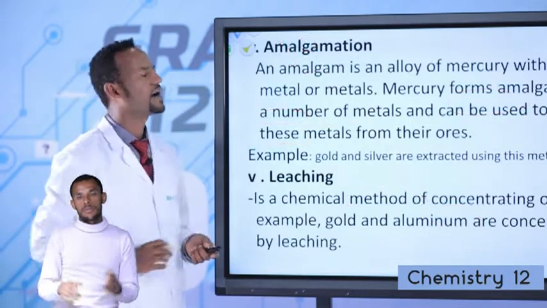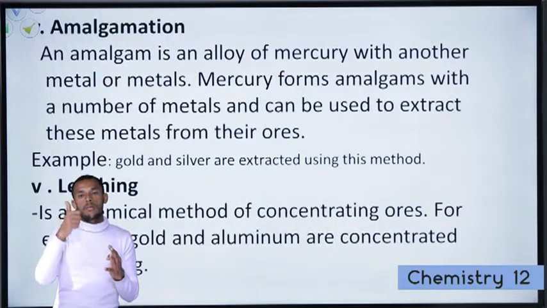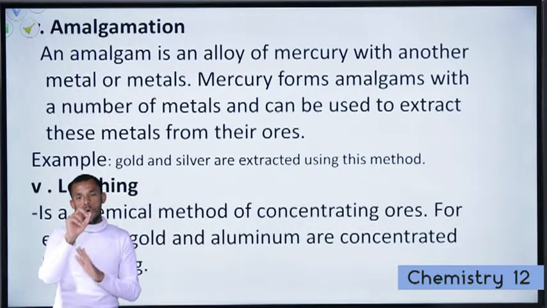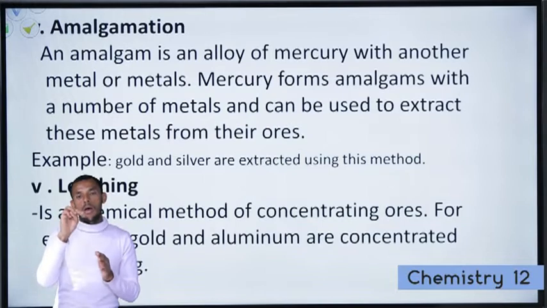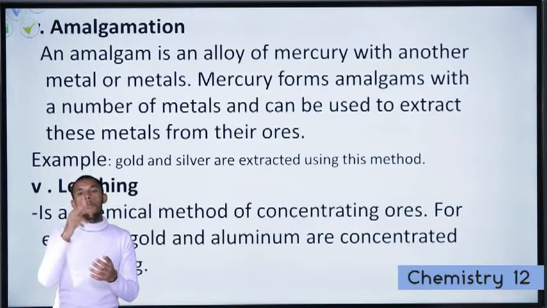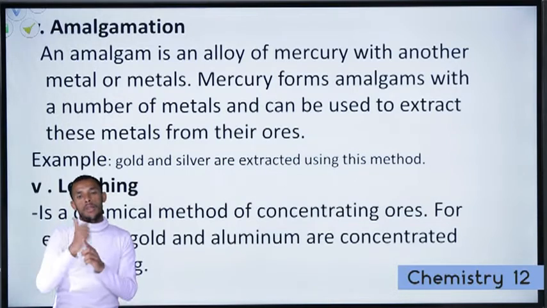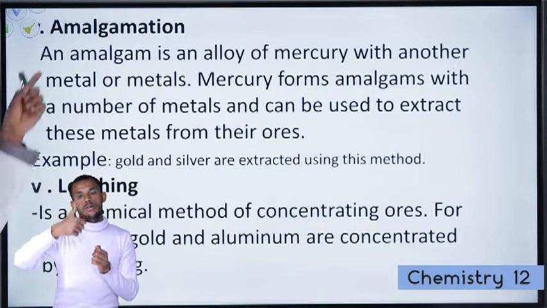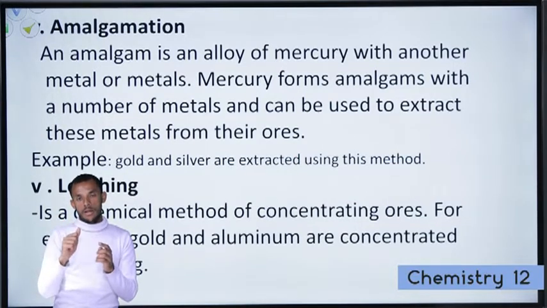The fourth one is amalgamation. Students, you know amalgam? You know in chapter 1, what I mean by amalgam? An amalgam is a combination of mercury with other metals. The process is amalgamation.